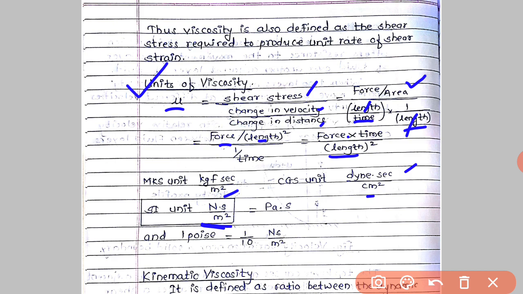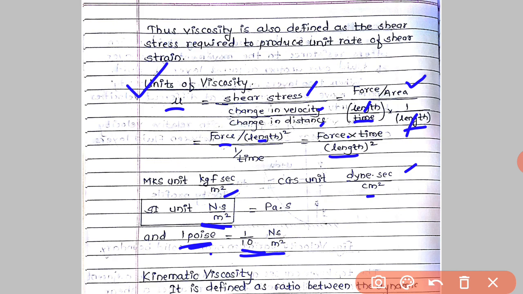And there is also a unit called poise. 1 poise is equal to 1 upon 10 Newton second per meter square. If viscosity is given in poise, we have to convert that poise into Newton second per meter square. So what we have to do? We have to multiply by 1 upon 10, or divide by 10, for solving numericals.